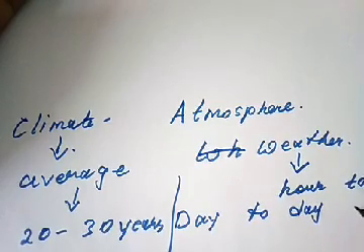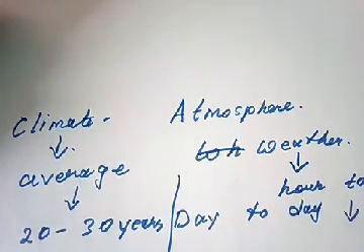If you say the weather of Assam today is cloudy with a little overcast sky, it is quite hot and humid, the sky is not clear, and it is calm, not stormy. But if we say the climate of Assam, it is a monsoonal climate.